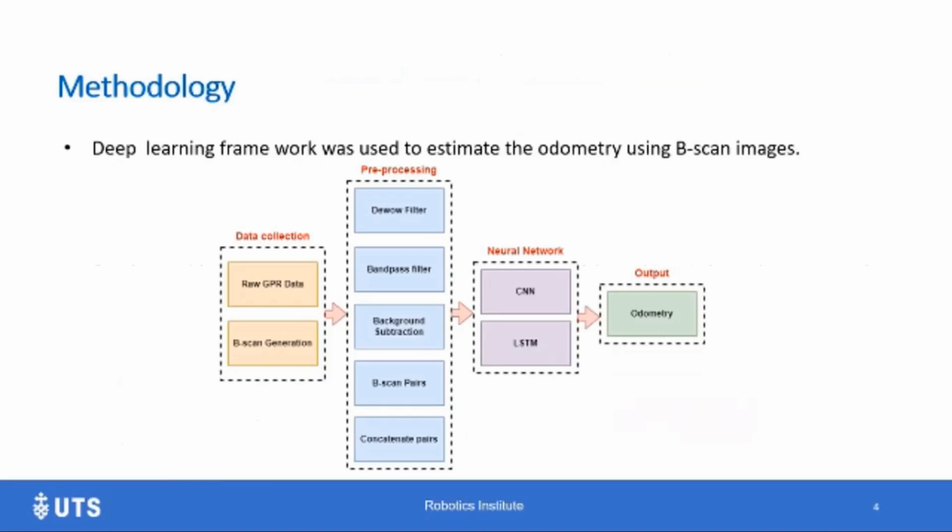We also add a background subtraction filter to remove the repetitive constant reflections that could happen in the B-scans. These filtered B-scan images are then combined to build pairs of consecutive B-scans, which we call a subsequence. Then these pairs are concatenated to form an image with 6 channels that can be fed into the neural network.